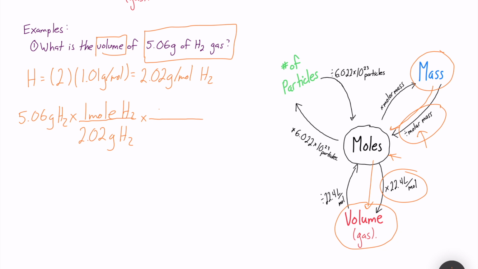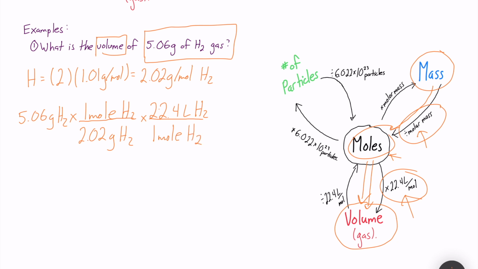And another times sign line. So right now, if we were to stop after our first step, we would be at moles. But since we want to get to volume here, we have to multiply by 22.4 liters of H2 gas, and that is for every 1 mole of H2 gas.